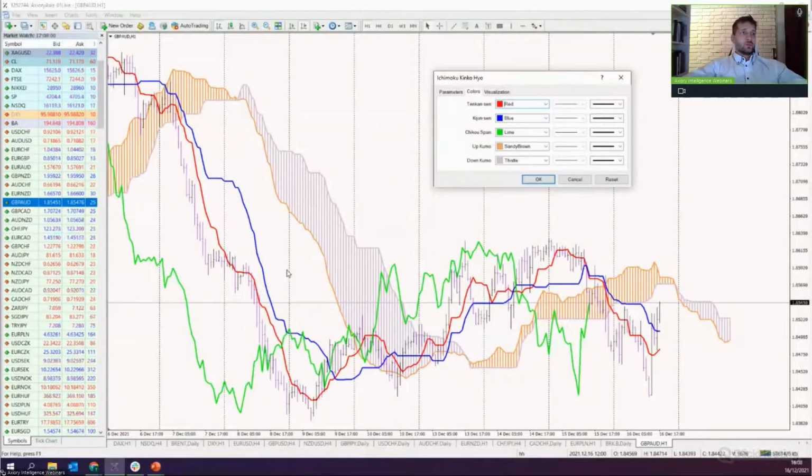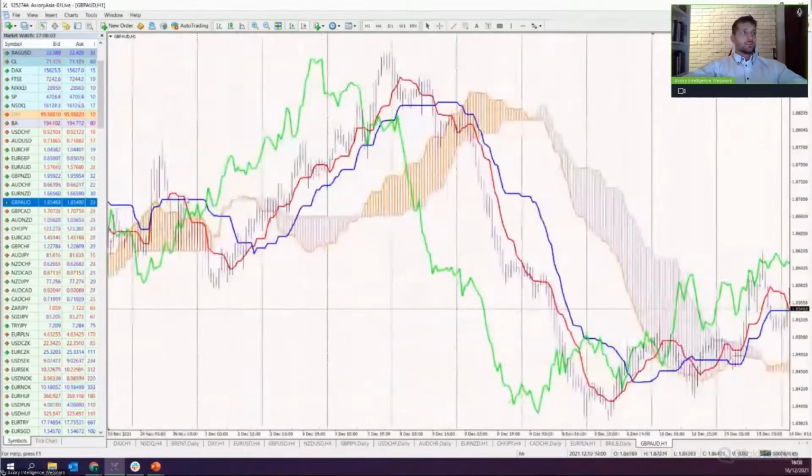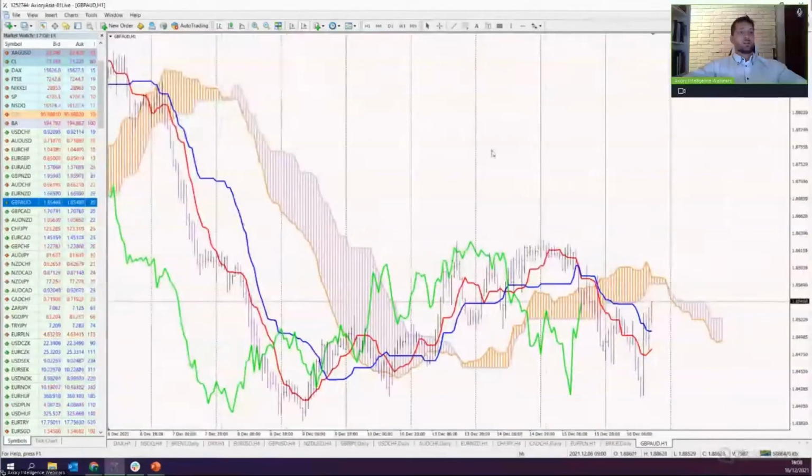So if you look at this, it is actually the price right now, but moved to the left 26 periods. Like the cloud is moved up front, the Chikou span is moved to the back.